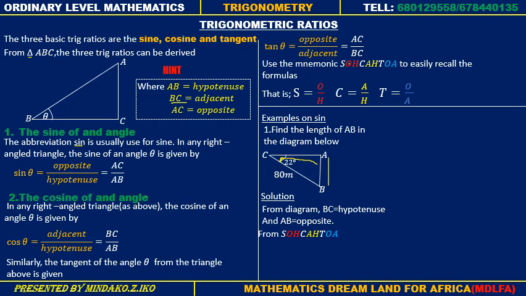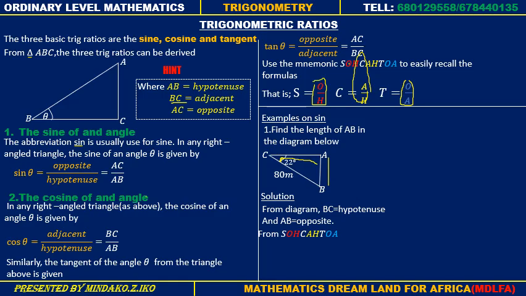So in SOHCAHTOA, where do we have opposite and the hypotenuse? Opposite is given and the hypotenuse is given; they are asking for AB, which is the opposite, and the hypotenuse is given. If we use cos, it cannot work, because cos is talking about the adjacent and the hypotenuse, while tan is talking about the opposite and the adjacent, but sine is talking about the opposite and the hypotenuse.